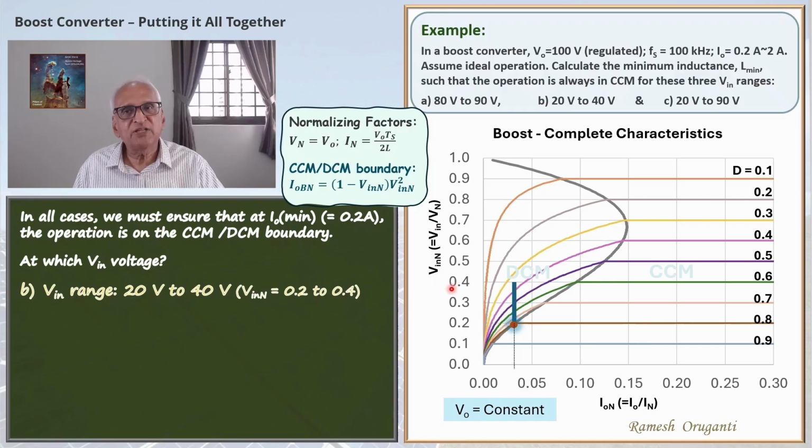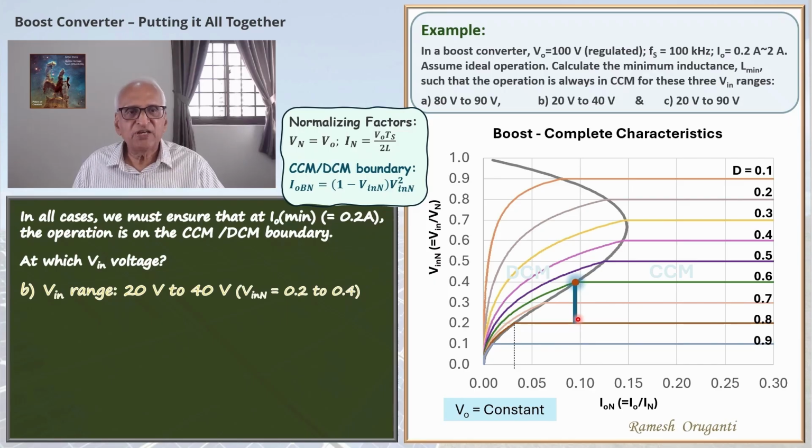Here we are choosing the inductor in such a way that when Vin equal to 40 volts and I naught equal to 0.2 amperes, the operation is at the boundary. As voltage goes down at the same minimum current, we can notice that the operation stays in CCM. So this is the design choice that we should make.